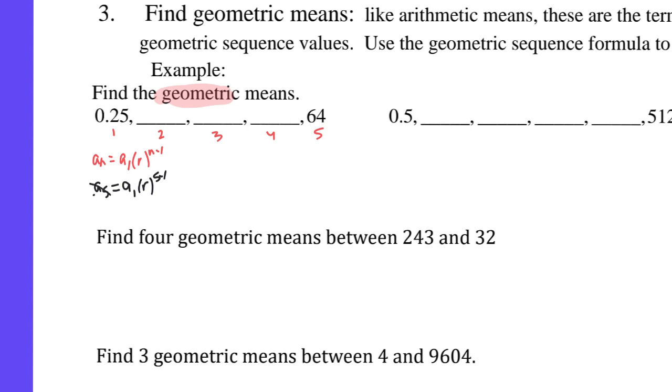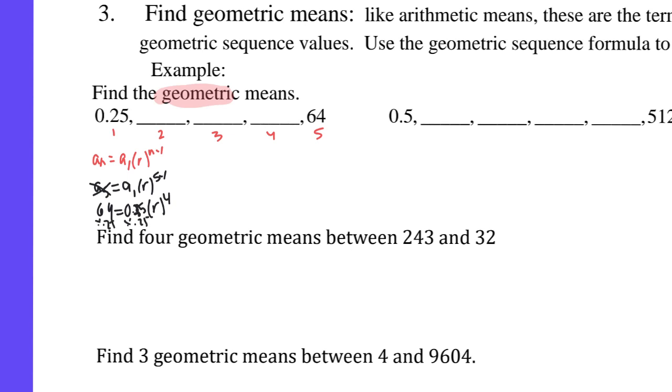We know the value of the first term and the fifth term. The fifth term is 64. The value of the first term is 0.25, times r to the 4th. Our goal here is to find the r, so we can use it to place those numbers that sit between those two beginning and ending values. To solve this, we're going to divide both sides by 0.25.